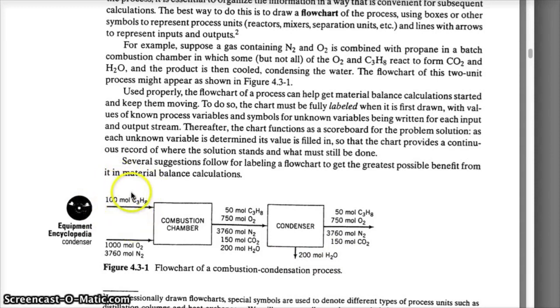If you use kilogram, you can still use mole too, but you have to convert everything, and that's hard. You don't have to do this in university. That's probably in the final exam a bit. But first thing first, set the basis of calculation in your flowchart. Yep. So to the next point.